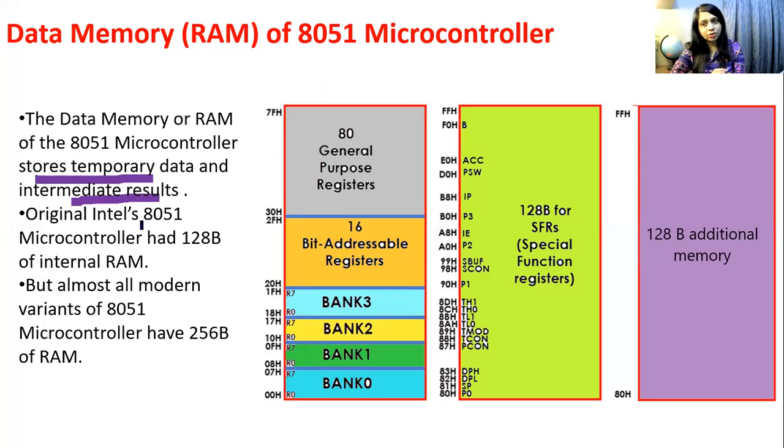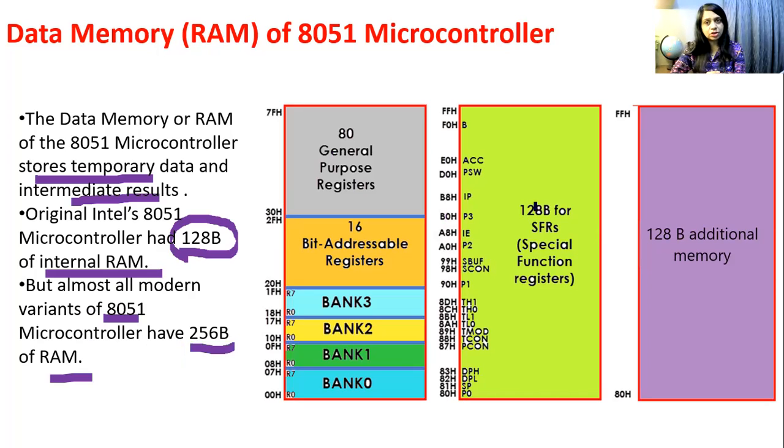Original Intel's 8051 microcontroller had only 128 byte of internal RAM, but modern 8051 microcontrollers have 256 bytes of RAM.